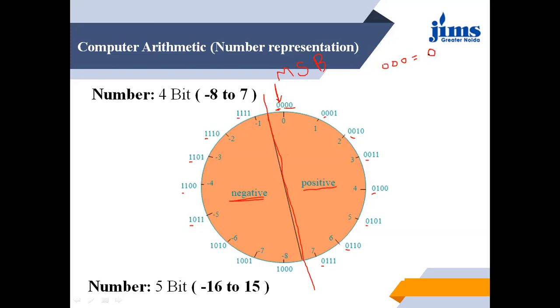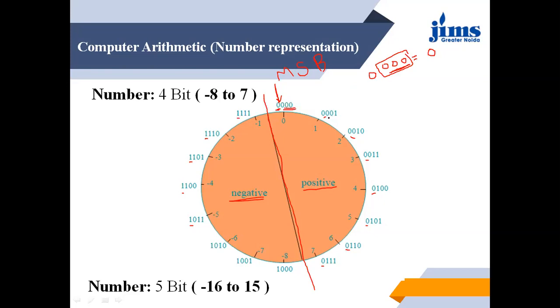So when I have to represent decimal 0 in binary, I can represent it as 000. And when this is a positive number, I have to put a 0 before this, so this is 0000.